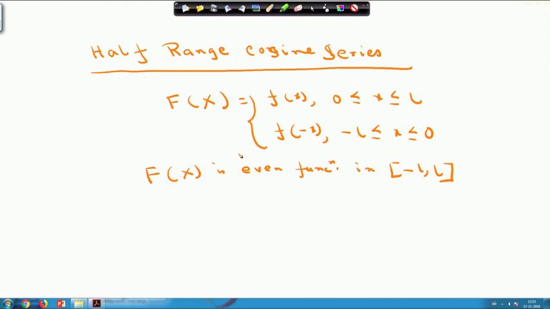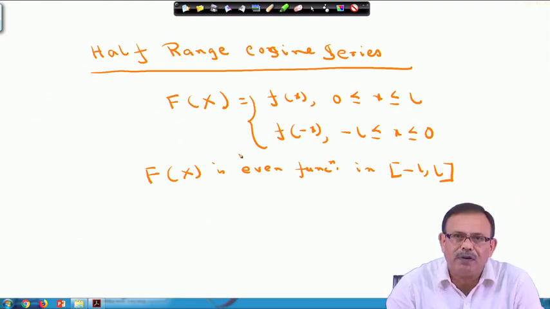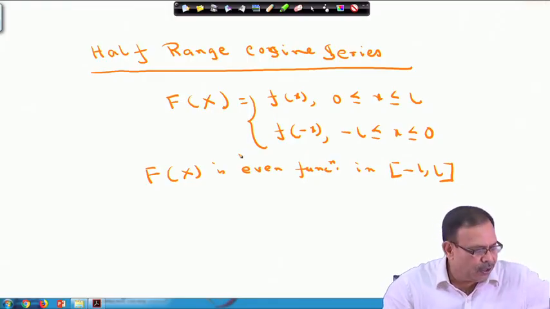By this definition, capital F(x) becomes an even function in -L to L, and we can find the Fourier series of the function in this interval -L to L, and since it is an even function, it will consist of the cosine terms only.